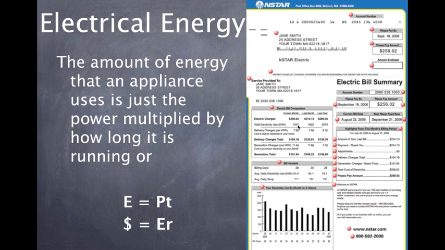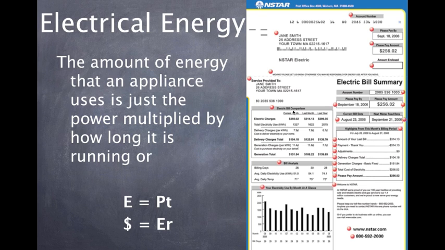It tells you the total amount that you're consuming. That is your E, your energy, anything that's measured in kilowatt hours. When you multiply these two together, you get your delivery charge, or how much it actually costs.